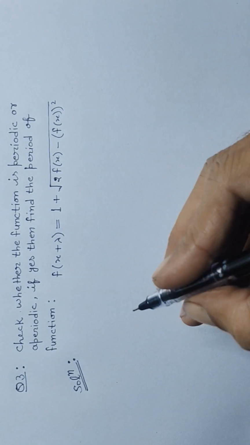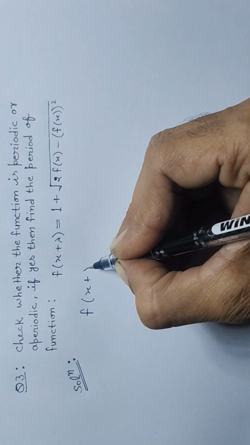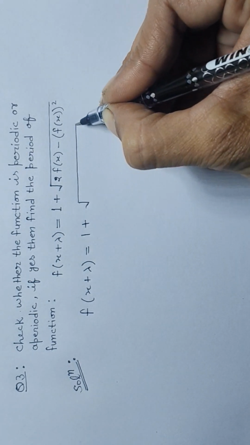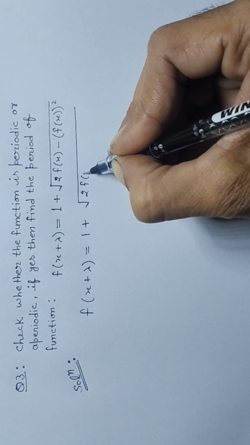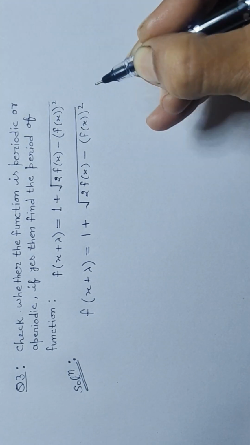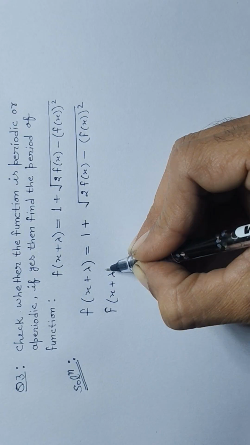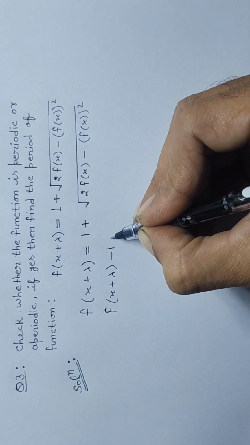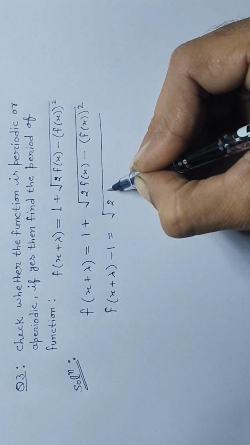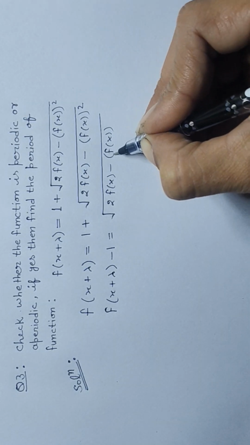Solution of question number 3. Here the given functional equation is f of x plus lambda equal to 1 plus square root of 2 f of x minus f of x whole squared. First, f of x plus lambda, shifting 1, minus 1 equal to square root of 2 times of f(x) minus f of x whole squared.